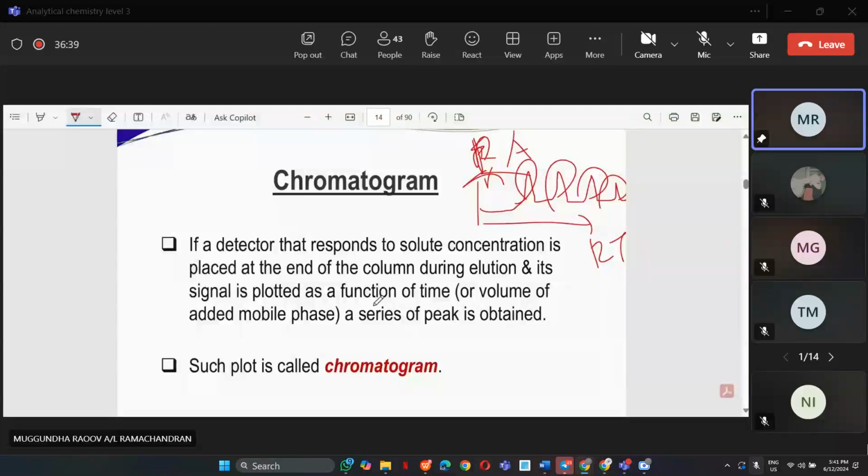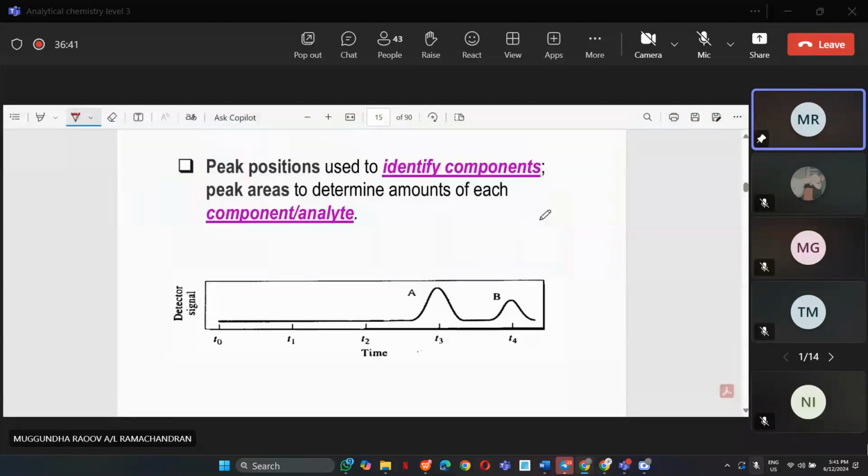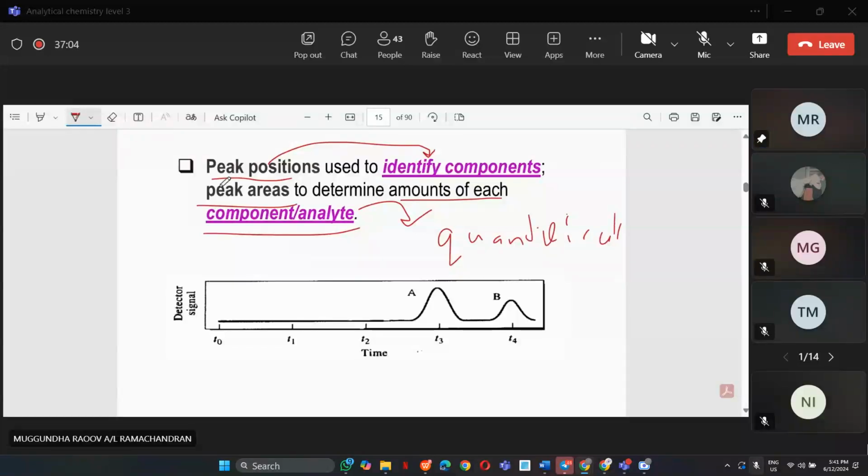Now, class, for example here, the peak position is used to identify the components. Peak area is used to determine the amount of each component. For example, peak area we use for quantification, rather than peak position.